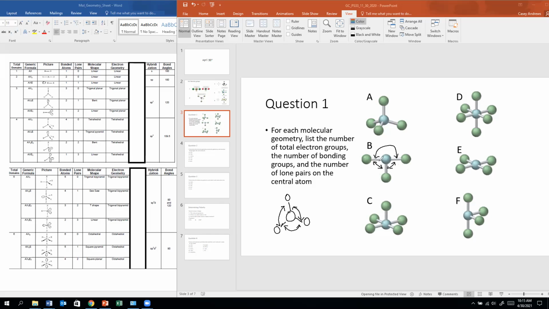So I have at least 3 bonds, and I'm guessing I have at least 1 lone pair. So the number of electron groups is 4+, right? 3 bonds and at least 1 lone pair. I don't know how many lone pairs there are just by looking at it because they're invisible. But let's start at total domain 4.